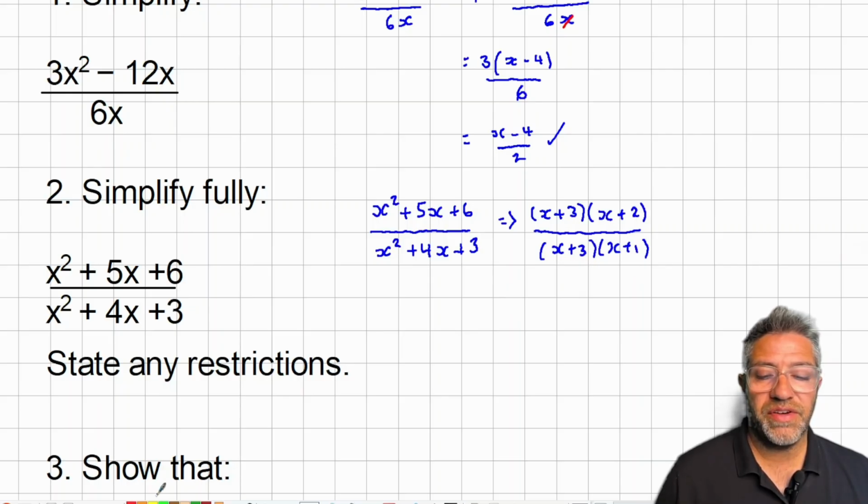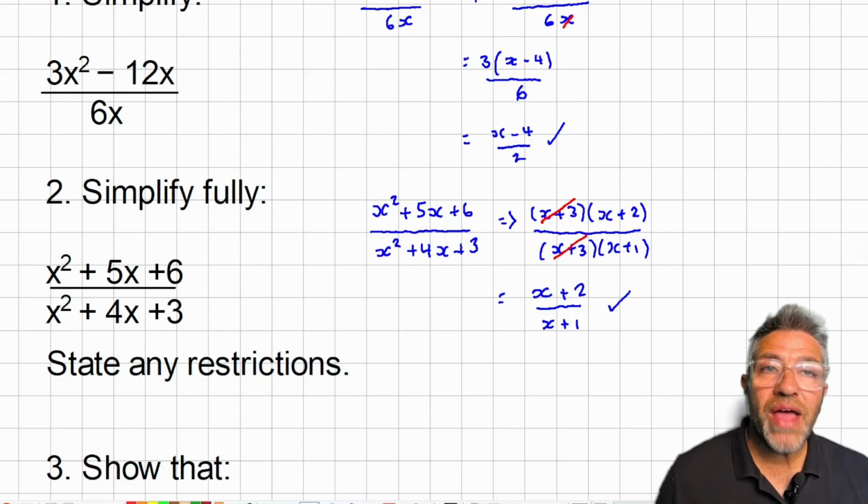Again, if I take a different coloured pen here, we can see, because we're multiplying by a common term in the numerator and the denominator, they will both cancel. So that will simply leave us with x plus 2 over x plus 1. But this time that is only the first part to our answer.